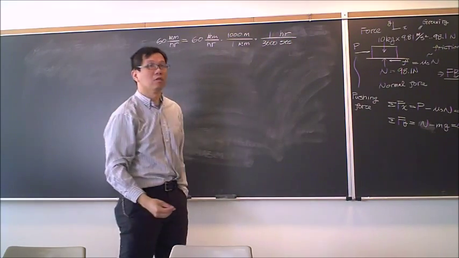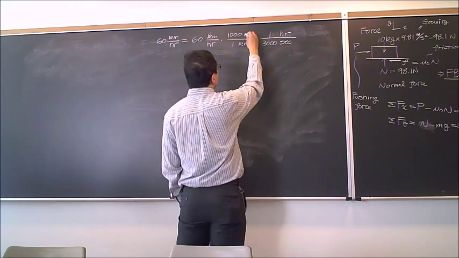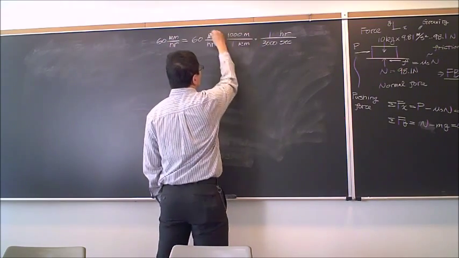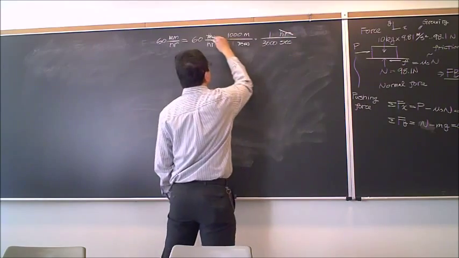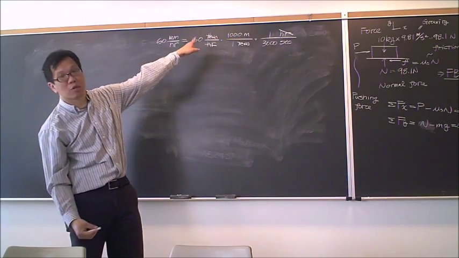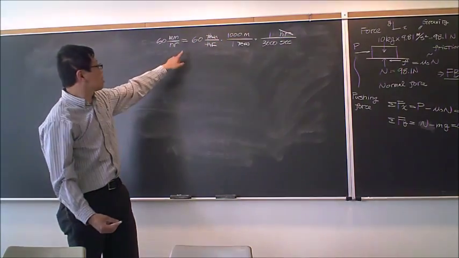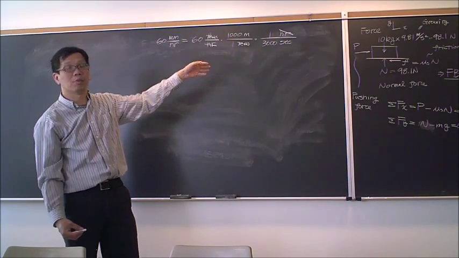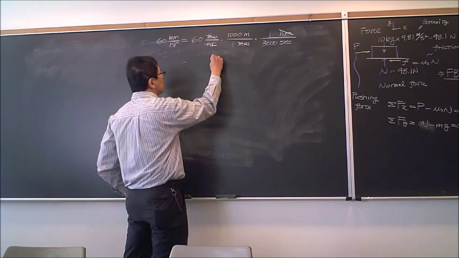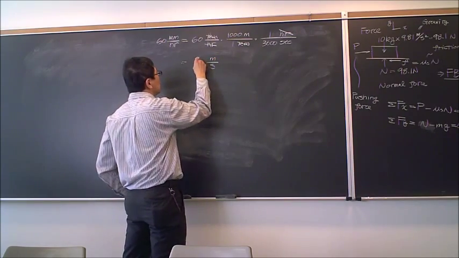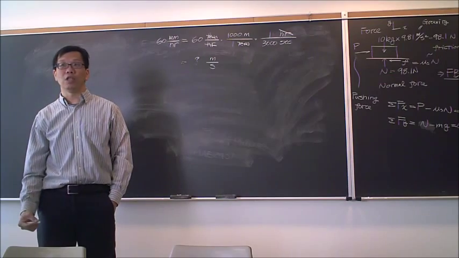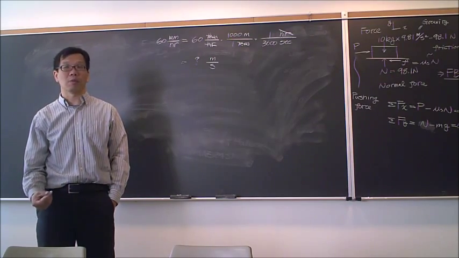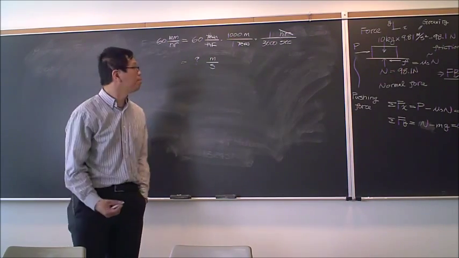That's another thing you need to do. Okay? So when you're doing that, you're going to cancel out a lot of things. And the numbers over here. So you know 60 kilometers per hour is actually equals to how many meters per second? That is something you would need to do when you are dealing with some of the problems in this class. Okay?